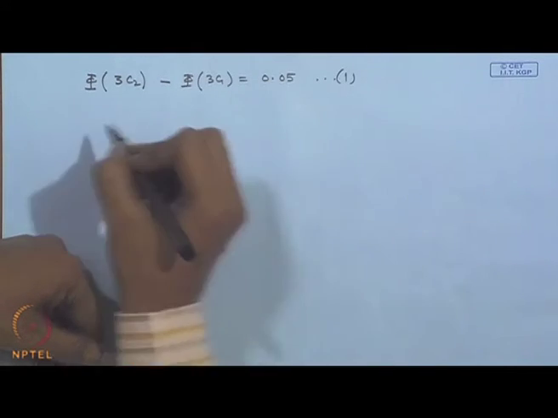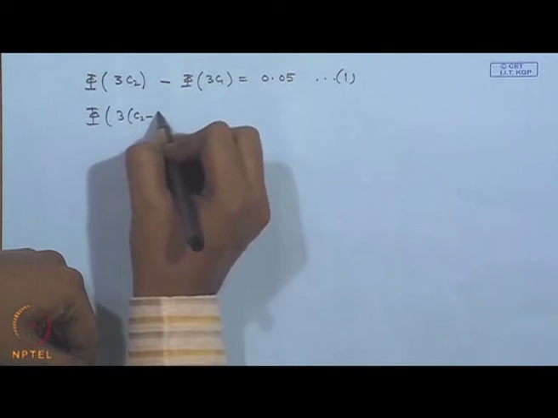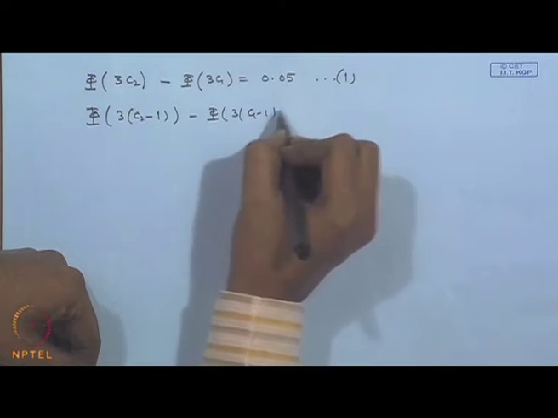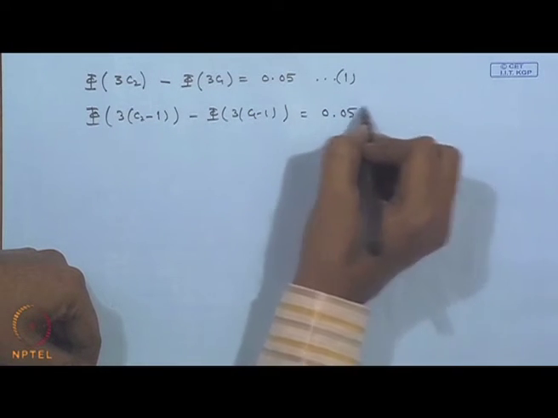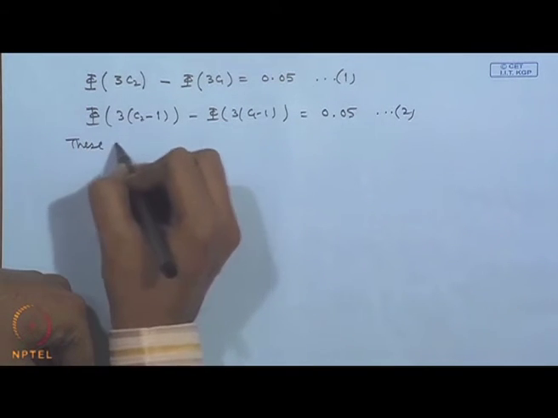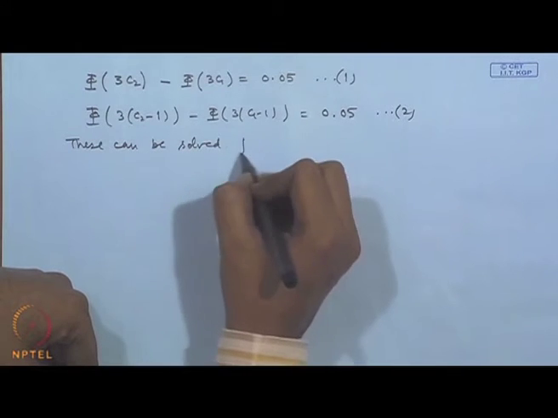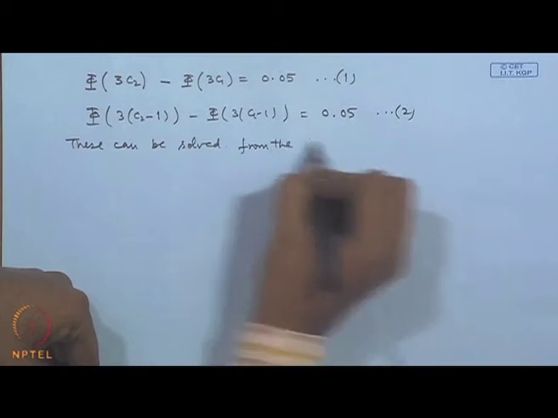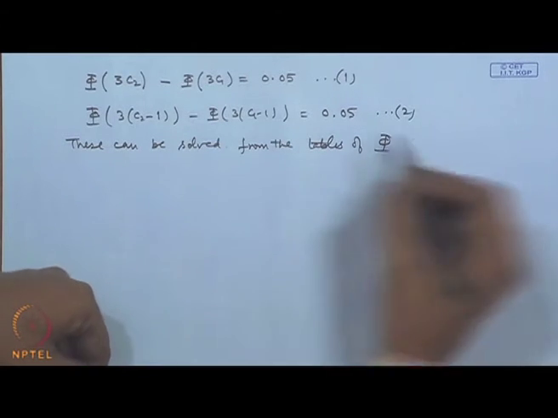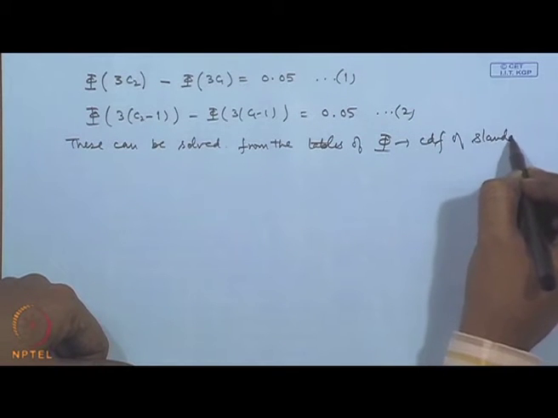The other equation becomes phi of 3 (c2 minus 1) minus phi of 3 (c1 minus 1) equal to 0.05. These can be solved from the tables of the capital phi function, which is the CDF of the standard normal distribution that we have been using.